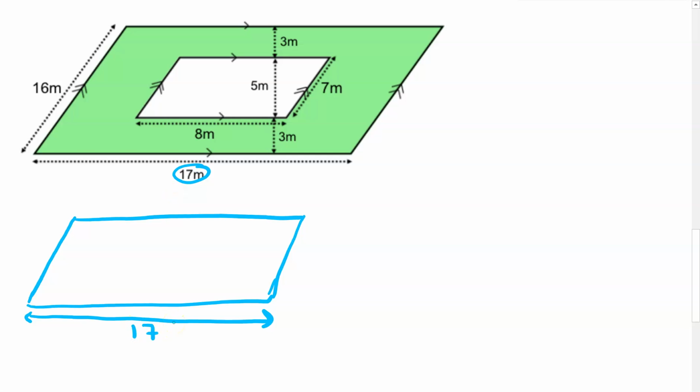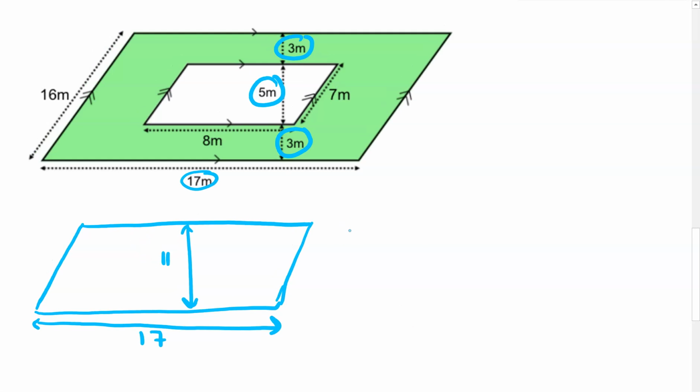How tall is it? Well, we've got 3, 5 and 3, so that makes 11. So the green one is 17 times 11, which is 187.